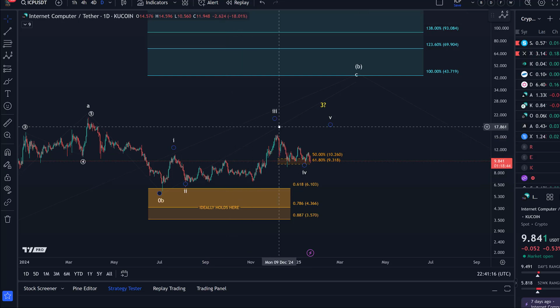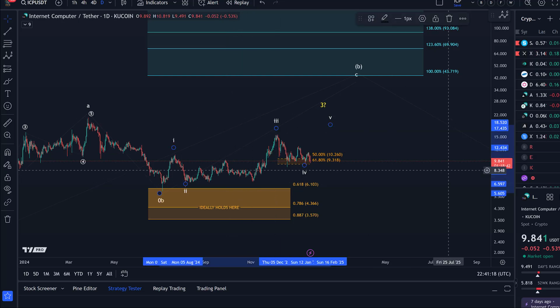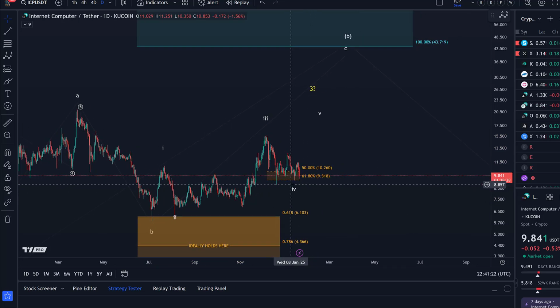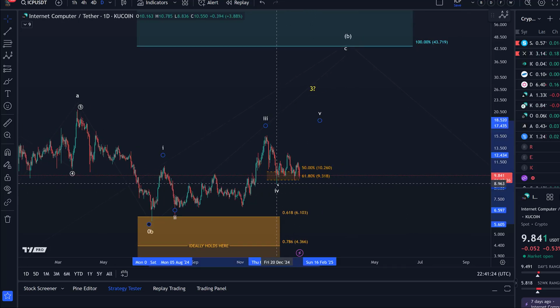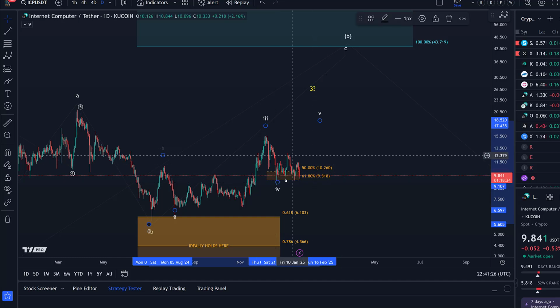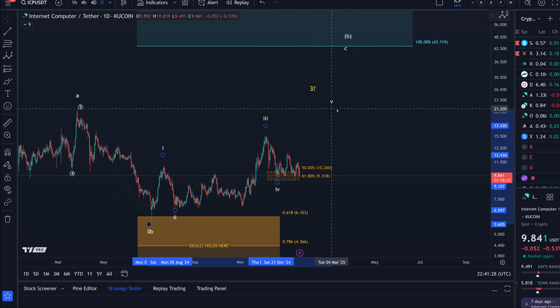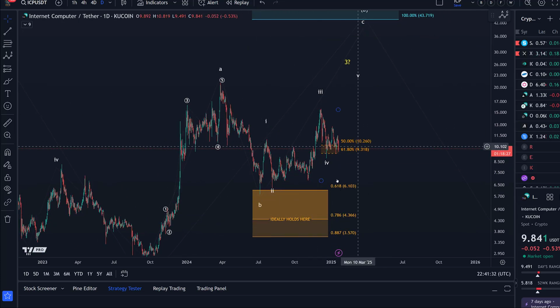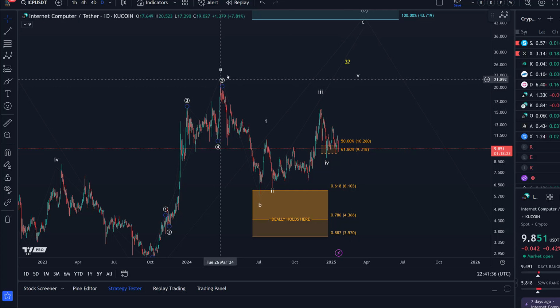The problem is we're dealing with corrective subwave structures, and this wave 4 is very, very deep. So the low point was in December, and there is no impulsive rally in wave 5 yet. The problem is this rally, the way it looks, the 5th wave is likely not even going to be long enough to break above the A wave high.